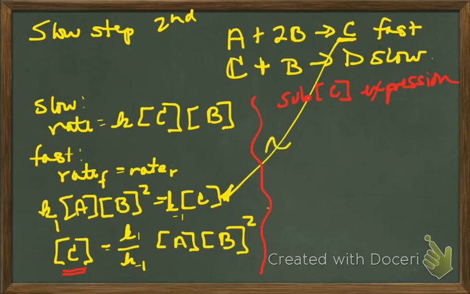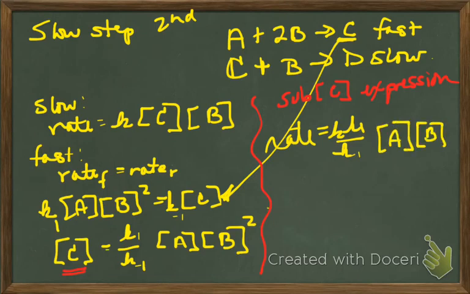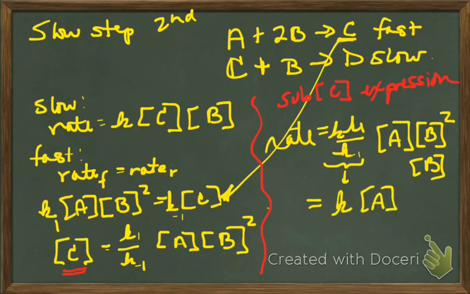And we will get that the rate is equal to K times K1 over the reverse K times A times B squared times B, which all go into one K, concentration of A times the concentration of B to the third.